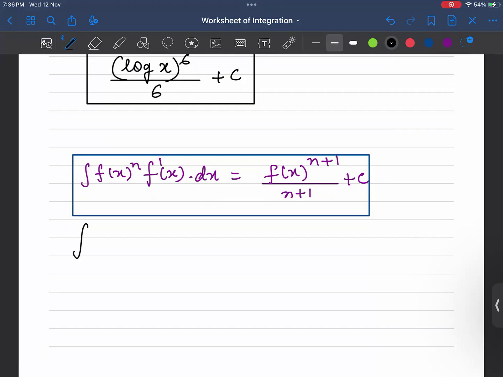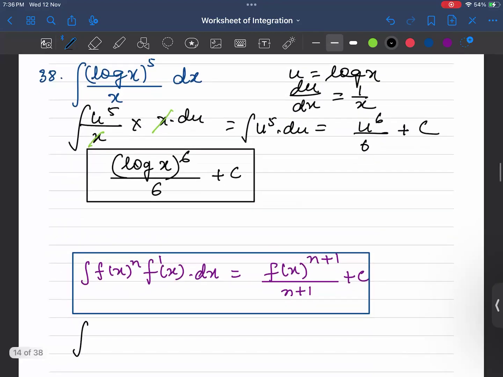Integration of log x to the power 5, where n is 5, multiplied by its differentiation, which is 1 upon x dx. This is the same formula, so I can solve it directly.